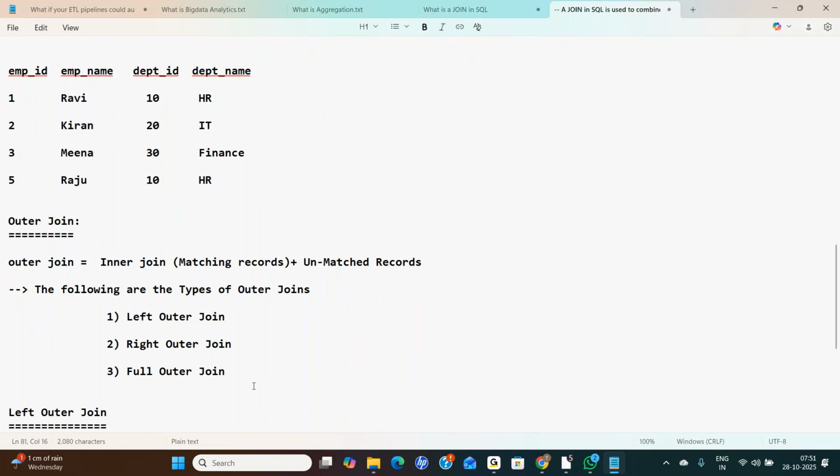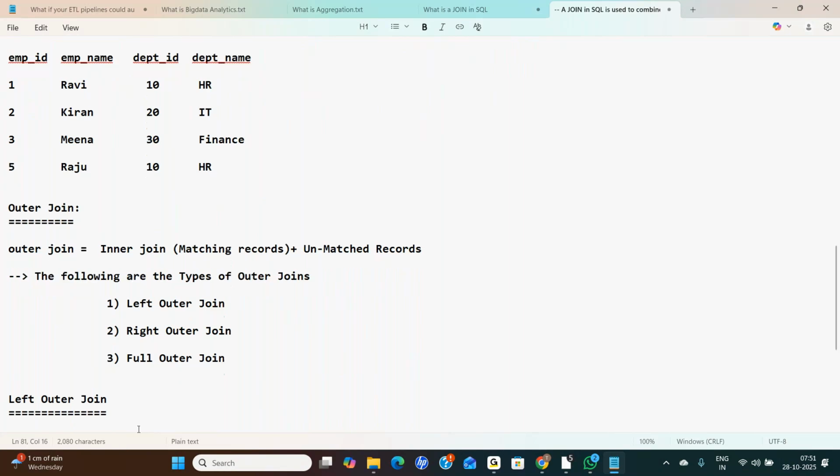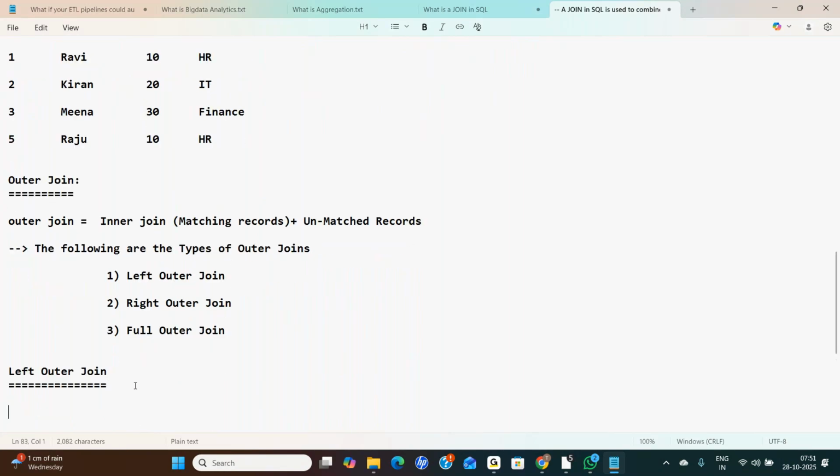Means, is it considering even unmatched records from the left table? Yes.